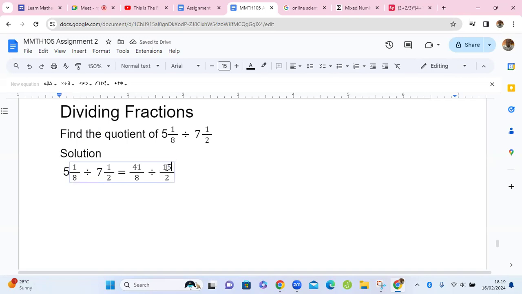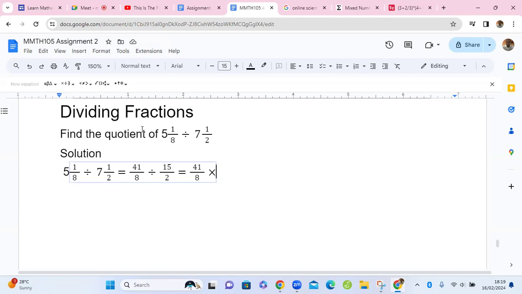Now, when you divide fractions, the rule is that you keep the dividend, or you keep the first fraction. You switch division to multiplication, and you flip, or invert, the divisor.